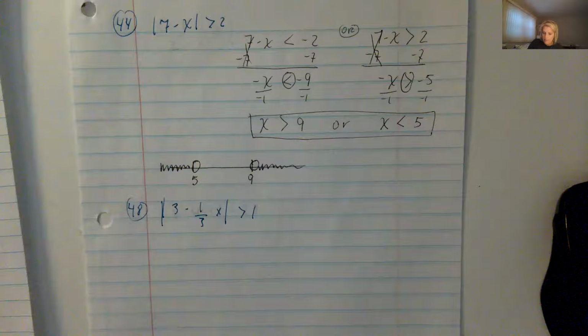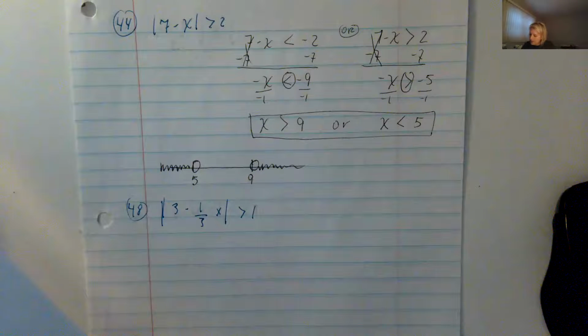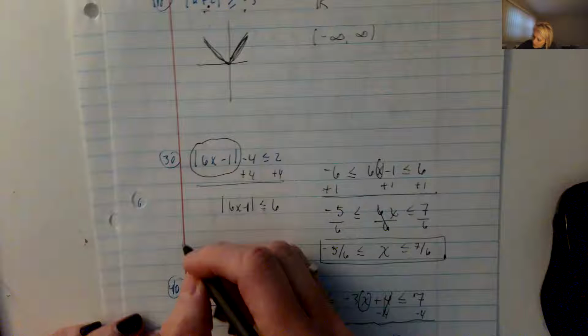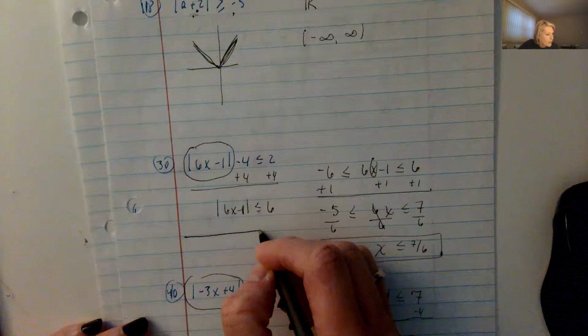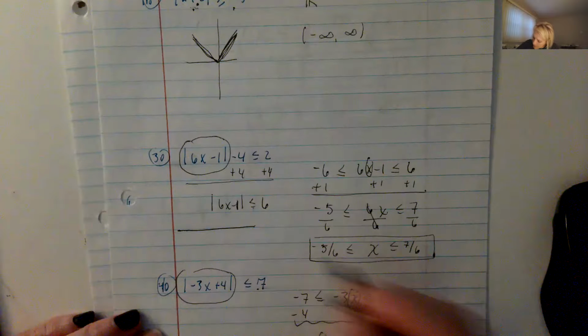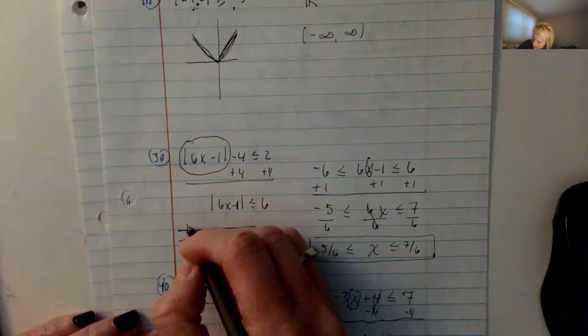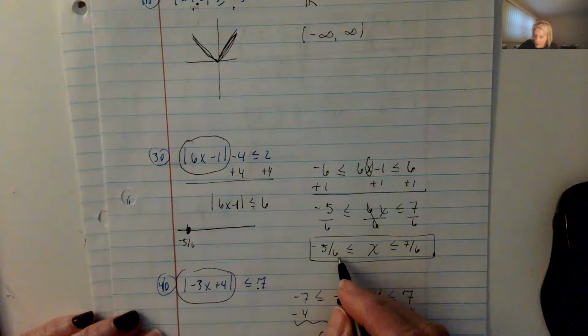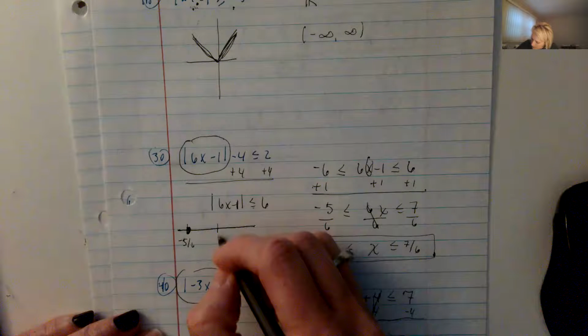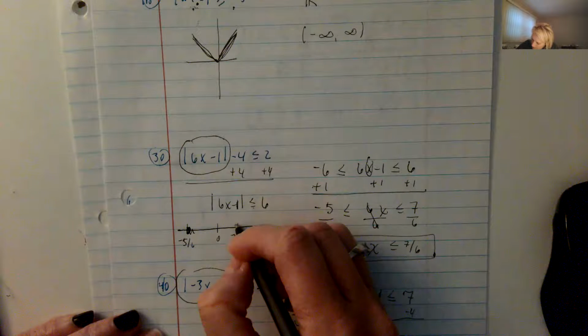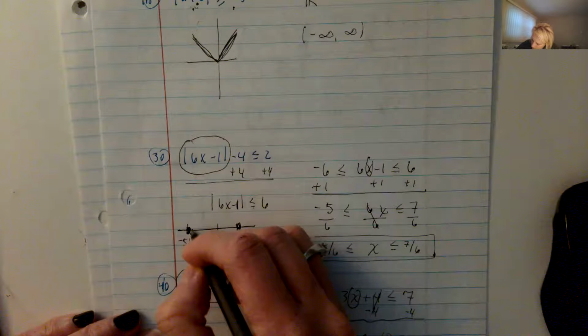We got to do these on 30. They wanted us to graph that. So that would have been a negative 5, 6, and we would have colored that in because it was including x all the way up to 0 and 7/16. And that also gets a shaded in circle.